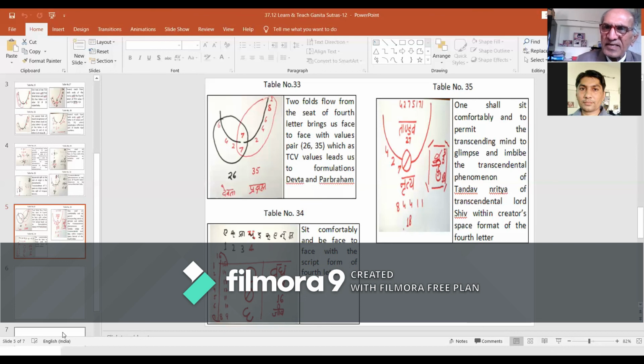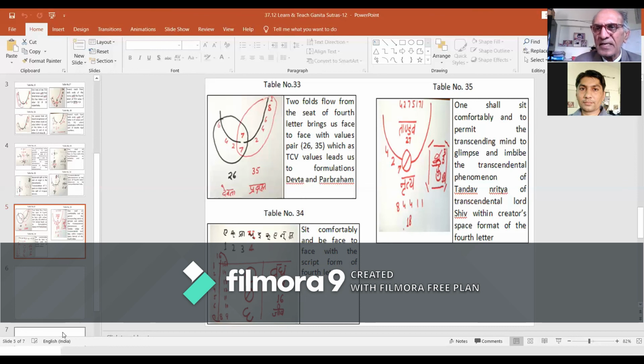It is in this state that we shall again visit the script of the fourth letter and see how the dissection in equal parts is there because of the transcendental origin of the creators of space.